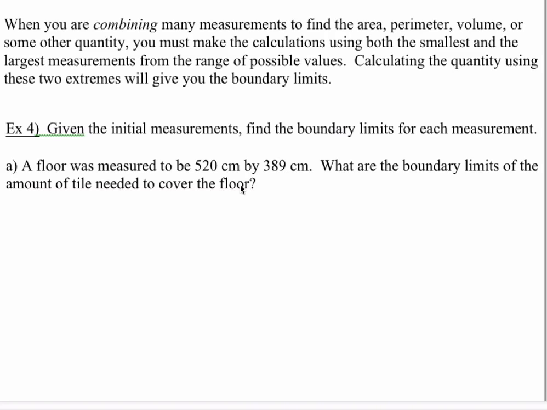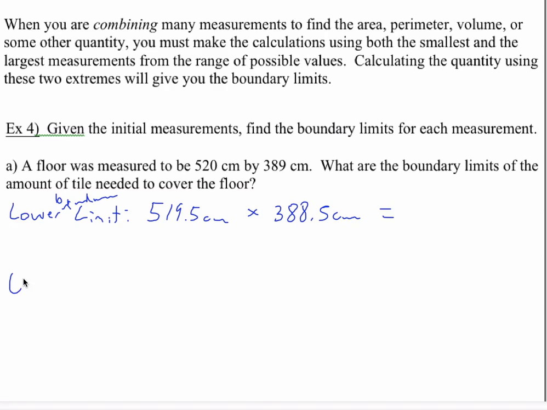So we're talking about area here. Okay, so I'm going to write lower limit here, or lower boundary limit I could call it. Okay, so the smallest possible area is going to be 519.5 centimeters by 388.5 centimeters.